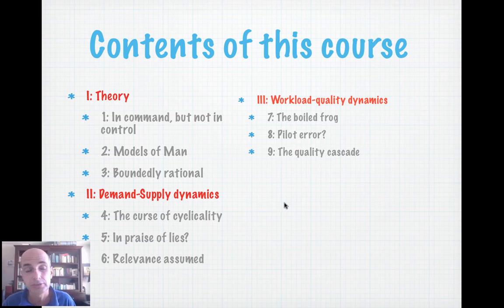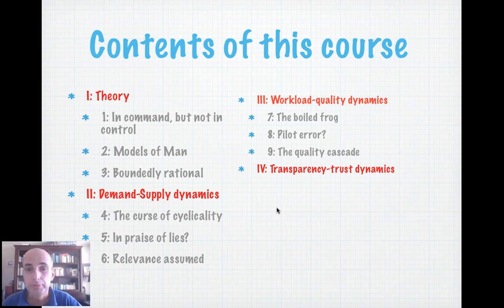And there's the Quality Cascade, which deals with the Internet plus Bellen case of KPN, the Voice over Internet Protocol case, where KPN was crucified on national TV in early 2007 because it made such a mess of the ramp up of its new product called Internet plus Bellen. And again, that had to do with workload quality dynamics. So that's the second group of 3 cases.